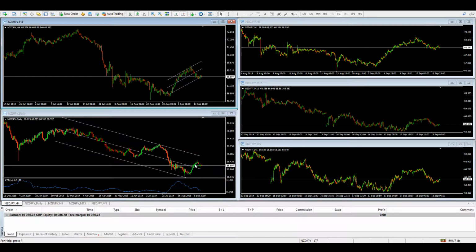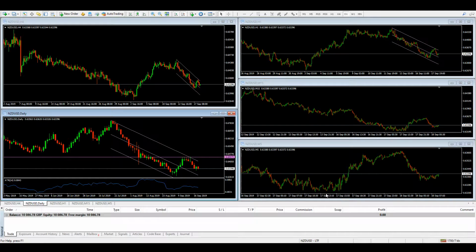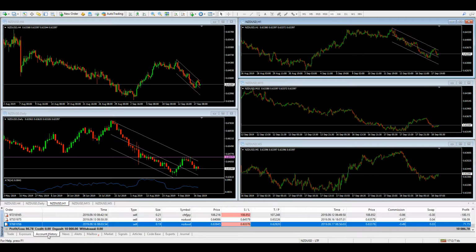NZD JPY, no, wouldn't look to trade this at the moment. NZD USD, already discussed this really in terms of what the NZD CAD was doing, because they're pretty correlated. But this was one that I was, where did I get out of this? So I had two positions, discussed the other one yesterday.